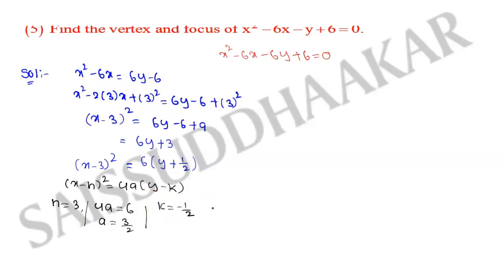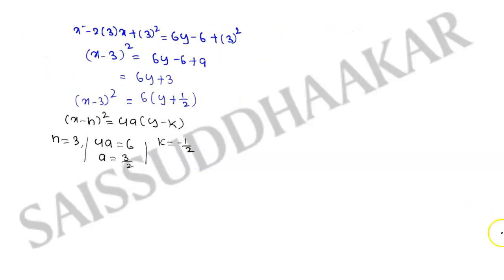In the question he is asking vertex and focus. So here vertex is equal to h comma k. This is equal to h value 3 and k value minus 1 by 2.